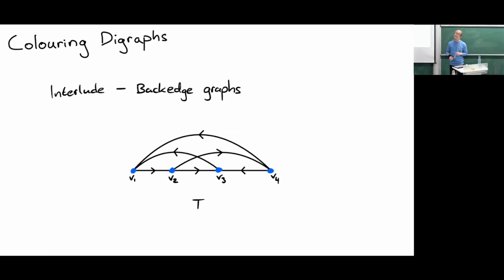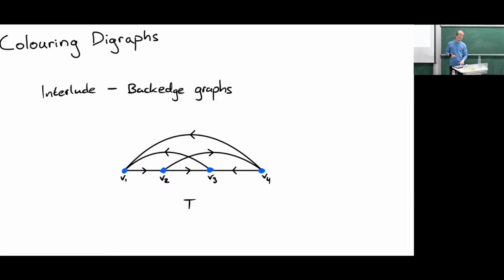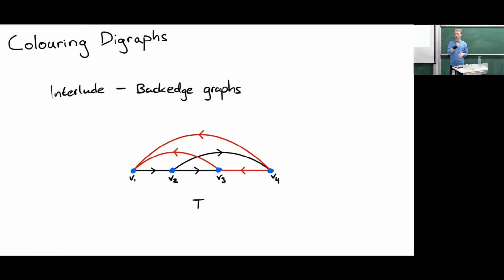Now, to get to an equivalent, we'll need a different representation of tournaments, called backedge graphs. For a backedge graph, we first fix an ordering of the vertex set of the tournament. So here, v1, v2, v3, v4, in that order. Then we look at all the edges that go backwards, drawn here from right to left.